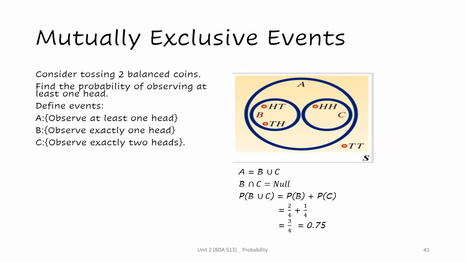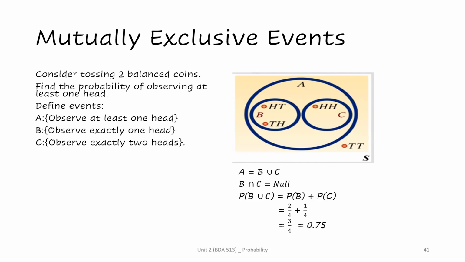Here you have some subsets within A. Let's say you have 2 balanced coins and you want to find the probability of observing at least one head.